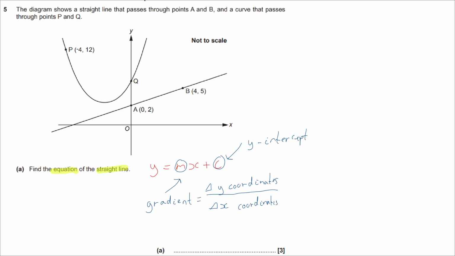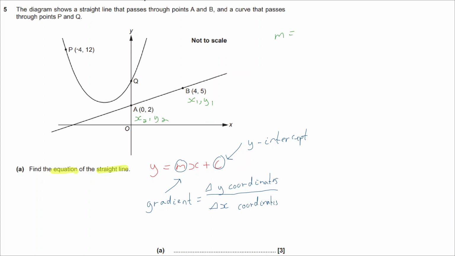Now let's begin by getting the gradient part, m. Let's go and do that up here. Okay, so the m, now let's go and begin with this coordinate. Let's call the 4 the first x coordinate, and the 5 the first y coordinate. And here we've got the second x coordinate, and here the second y coordinate.